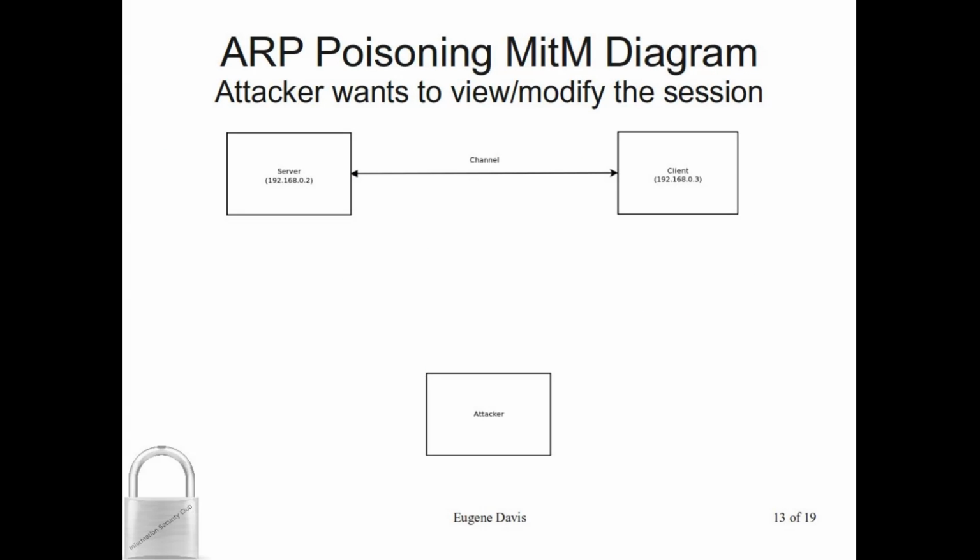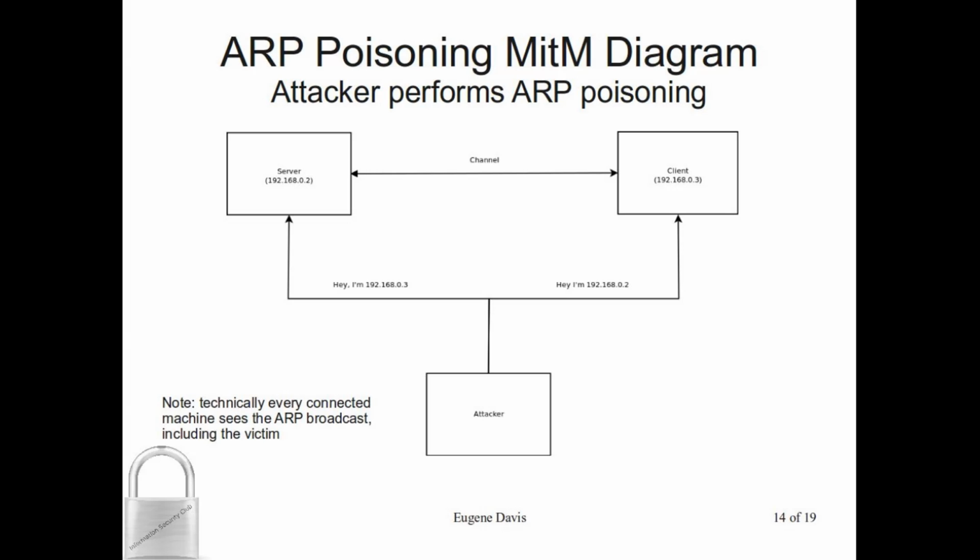So the first stage is pretty much the same thing. There's an attacker eyeing that channel and wanting to get into it. Then the attacker sends an ARP broadcast, and like I said here, I've simplified this network design because there's going to be switches and whatnot between them, so this broadcast could go all over the place. But he tells the server, hey, I'm 192.168.0.3, which is actually the client's address, and he tells the client the same thing, but he's replacing the server instead.